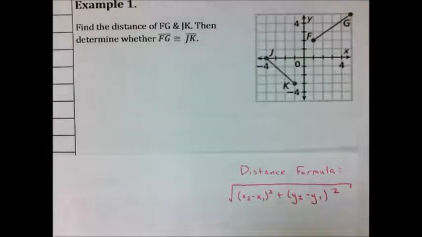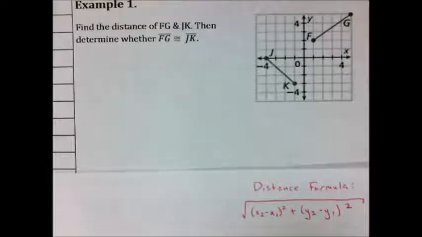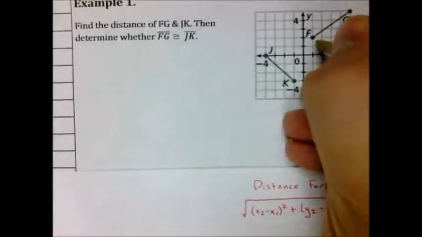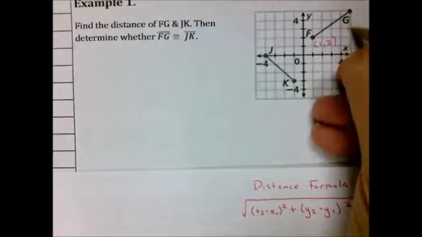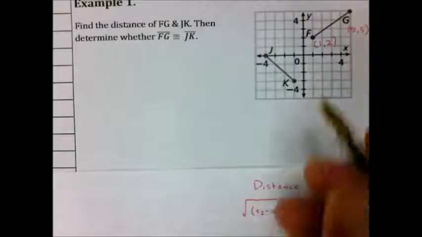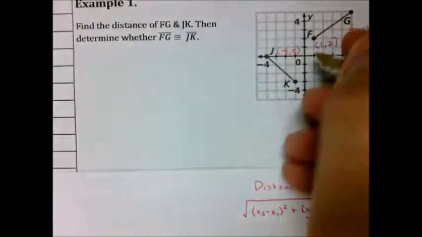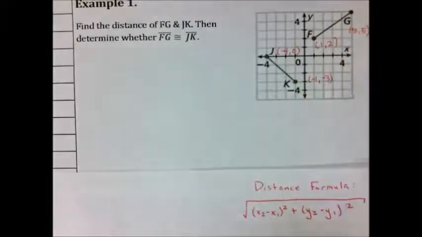Let's go ahead and first find FG, and remember the first thing we need to do when we're using the distance formula is to identify the x and y values. F is at the point 1, 2, G is at the point 5, 5. J is at negative 4, 0, and K is at negative 1, negative 3.